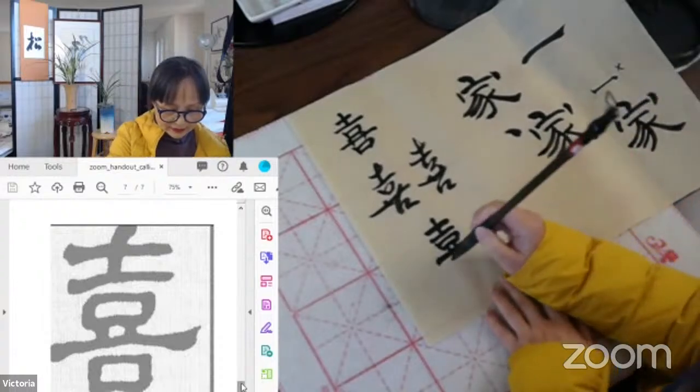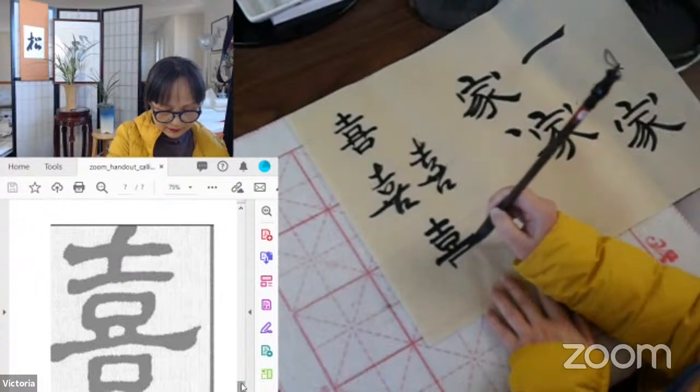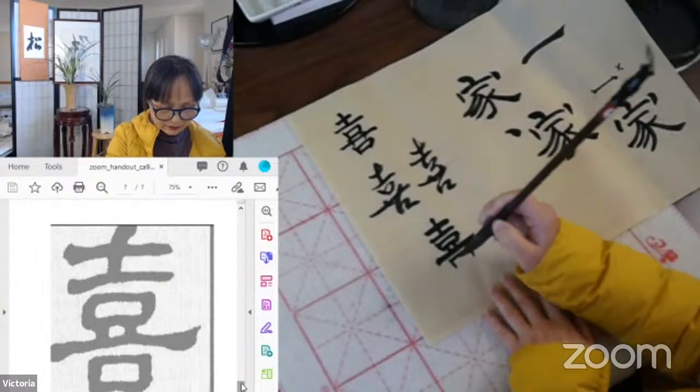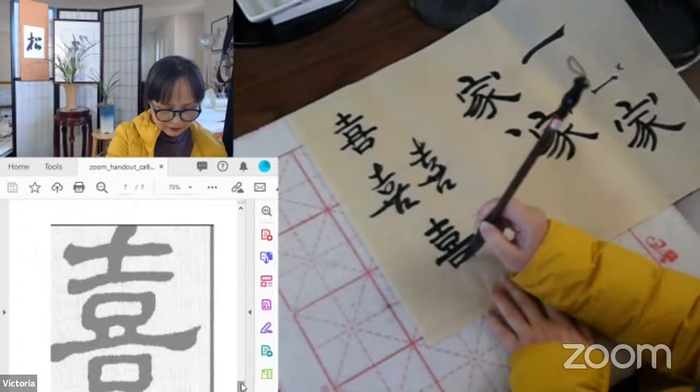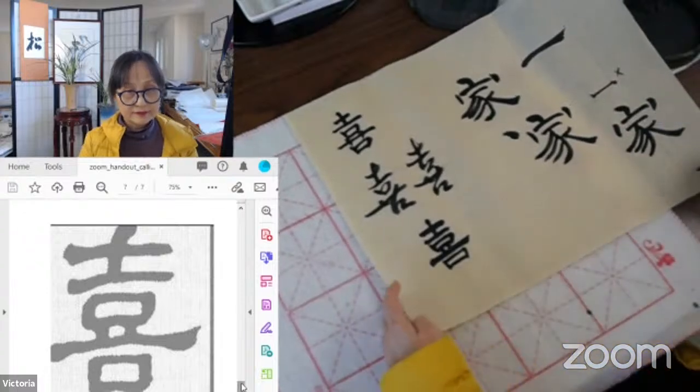And then the flat box, the mouth underneath. Okay, that's about it.